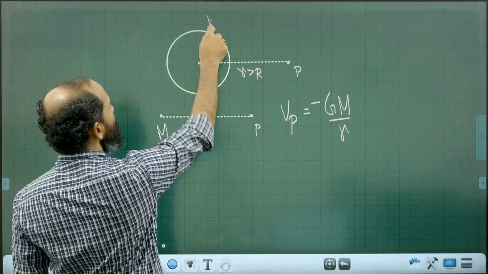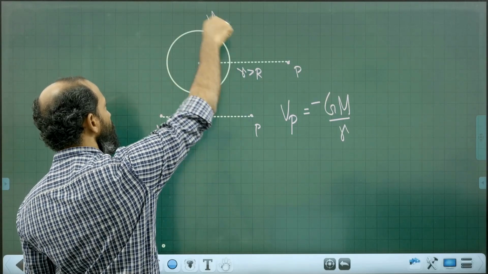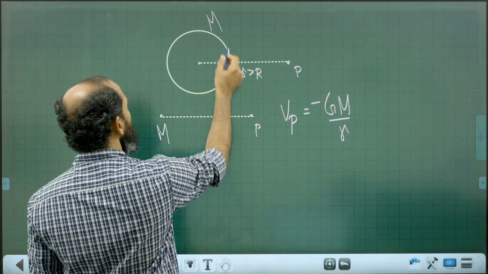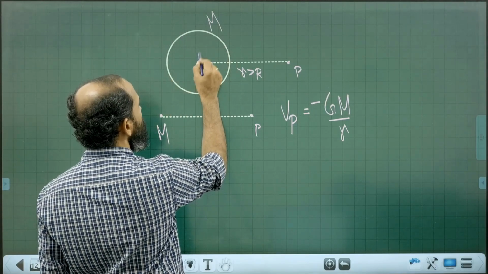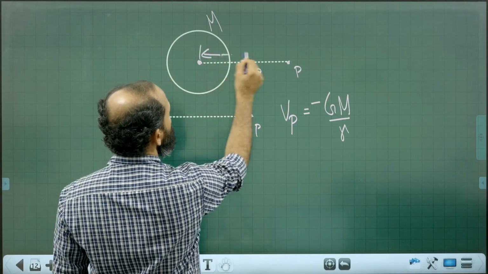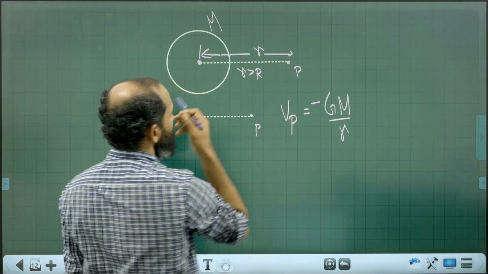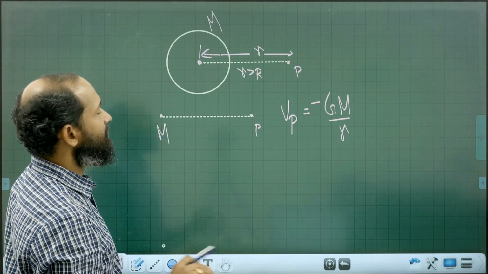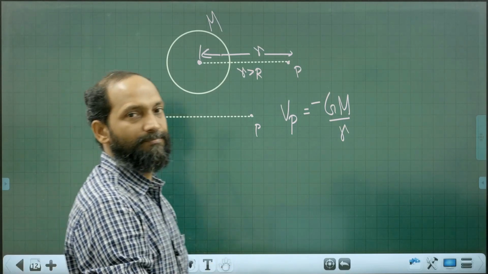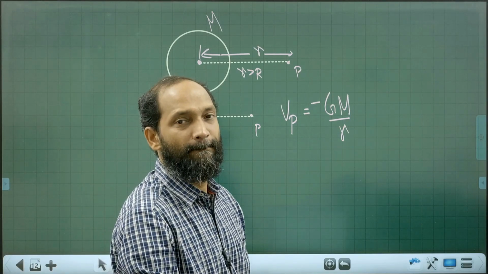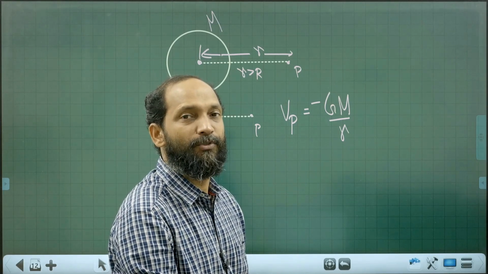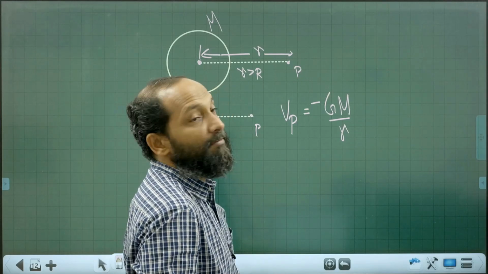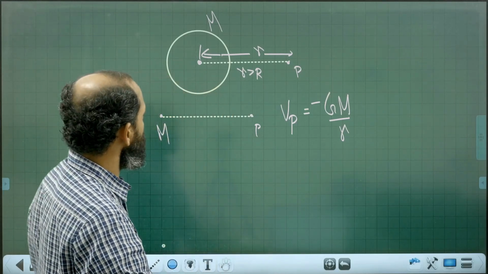But for that mass distributed over a volume, you can assume that the entire mass is concentrated at the center, so that the radial distance is measured from the center to that point. It's not from the surface. All radial distances are to be measured from the center of gravity, where the entire mass is supposed to be concentrated, because gravitational force is a central force.